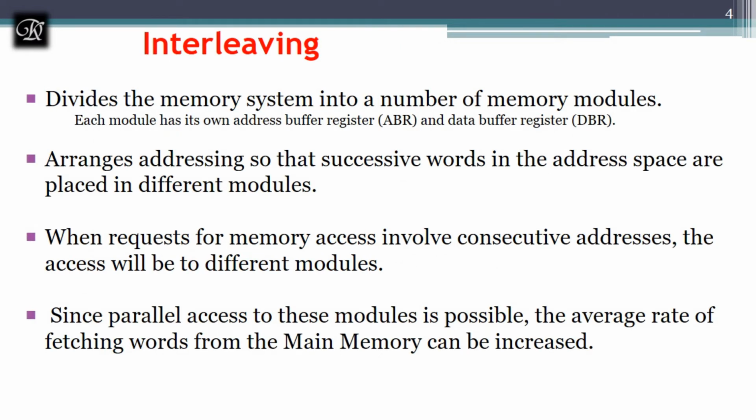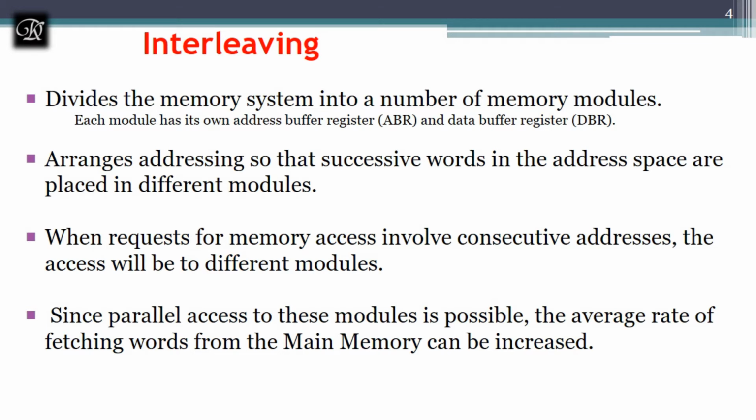First we'll see interleaving. Interleaving divides the given memory system logically into a number of memory modules. Each memory module will have two registers, or buffers: one is an address buffer register, the other is a data buffer register. It is just like MAR and MDR, where MAR is the memory address register and MDR is the memory data register.